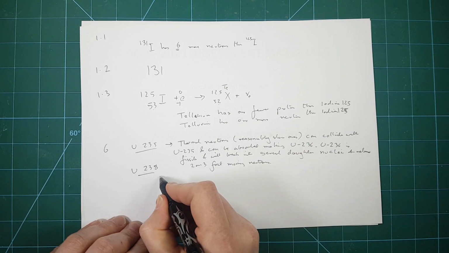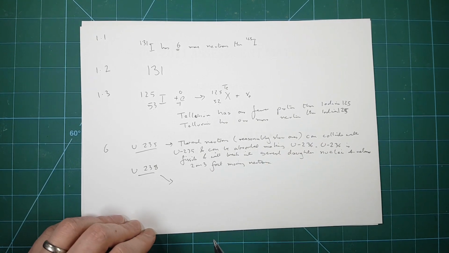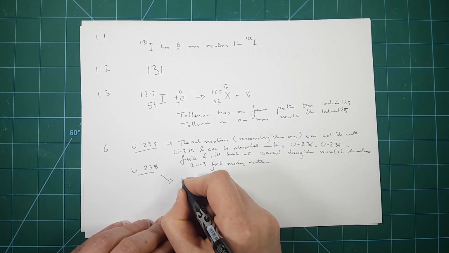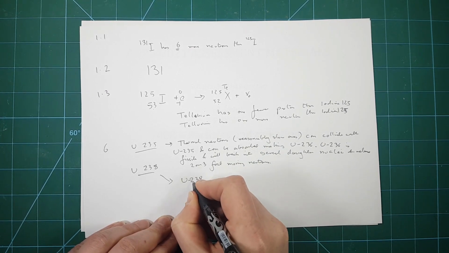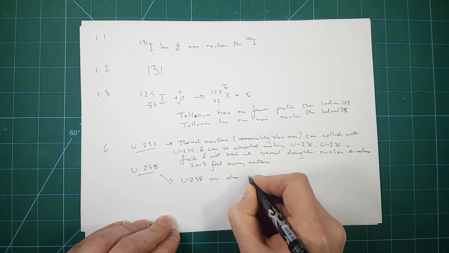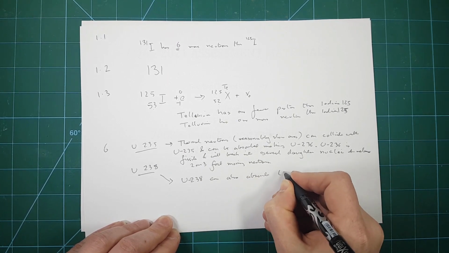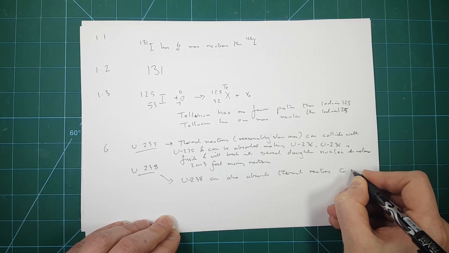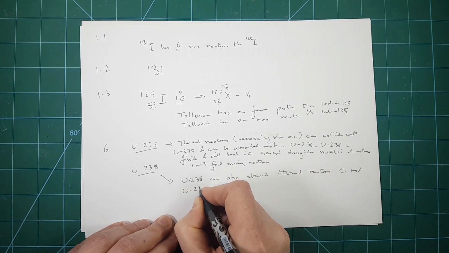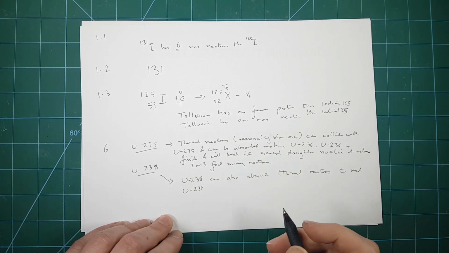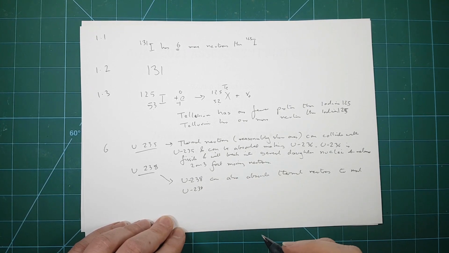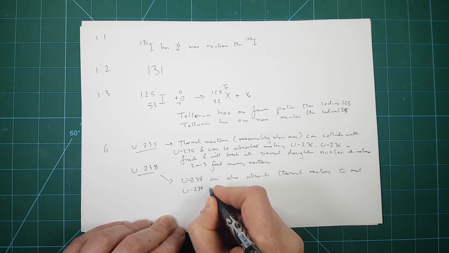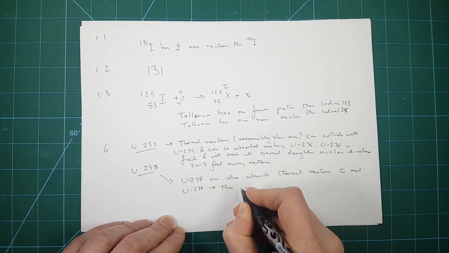So let's talk about uranium-238 for a bit. Also, uranium-238 can also absorb thermal neutrons to make uranium-239. Now, uranium-239 is not fissile, so don't say that it is, otherwise you'll be marked down. But it does undergo beta decay twice, I think.